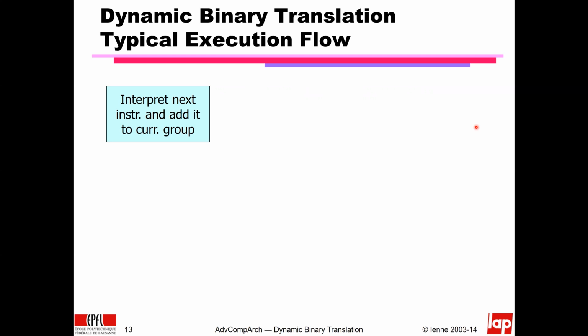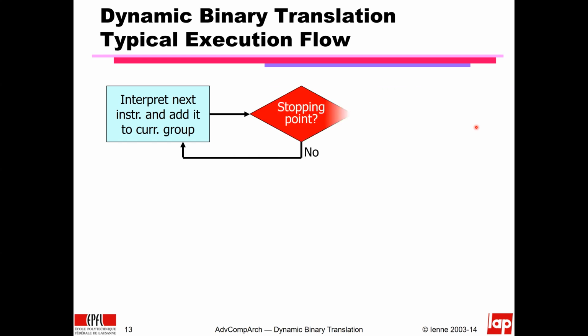And so you take the instructions and you continue to emulate them until you arrive at something that signals the end of the group. So again, in our simplistic view that a group is a basic block, if I find a branch or a jump, I am at a stopping point. If I don't find that, I continue to interpret, I continue to do the job. It is a poor job performance-wise, but I can do it, there is no problem.